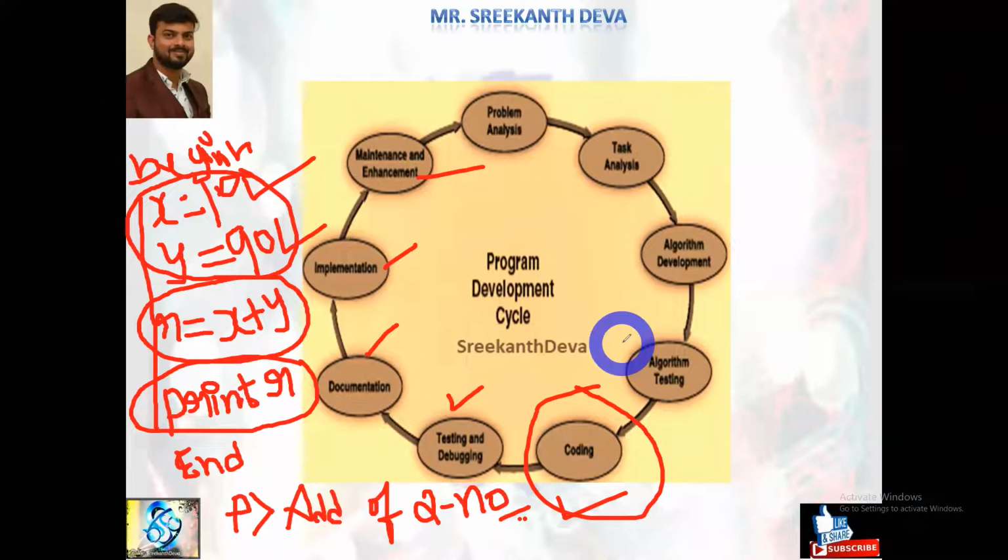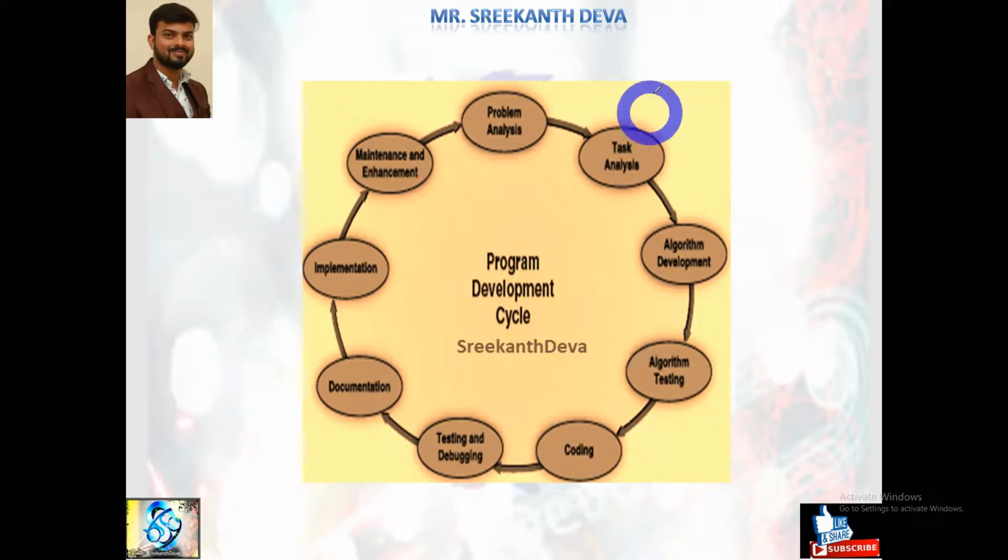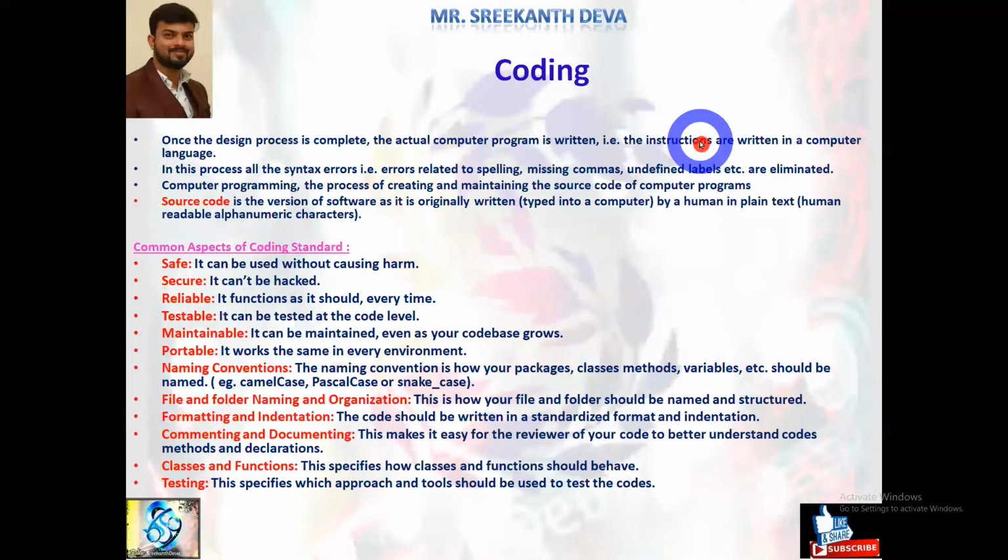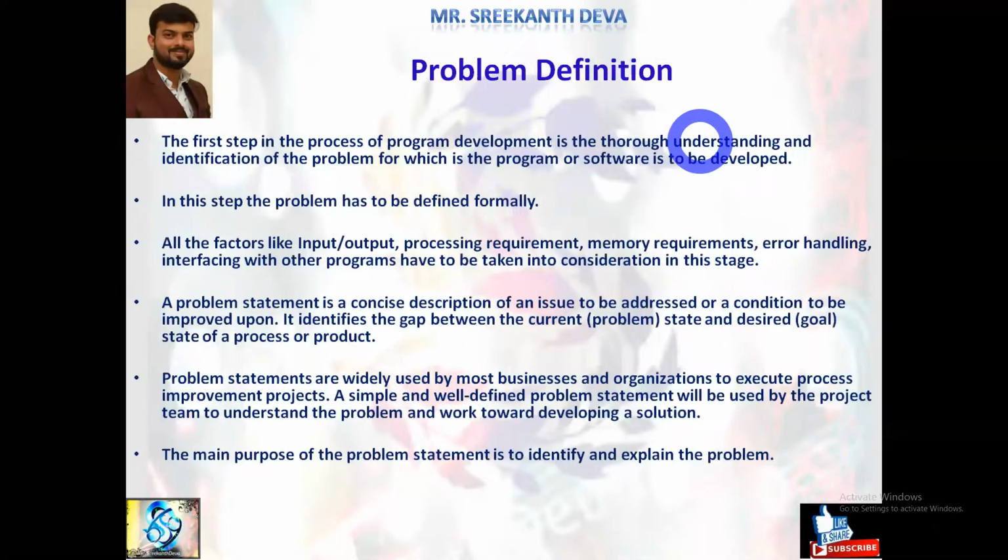Once the problem is understood, based on that problem we provide the design using algorithms, flowcharts and pseudocode, and after that coding, testing, documentation and maintenance are done within the program development life cycle. I hope everyone is clear about basic program development in the software engineering environment.